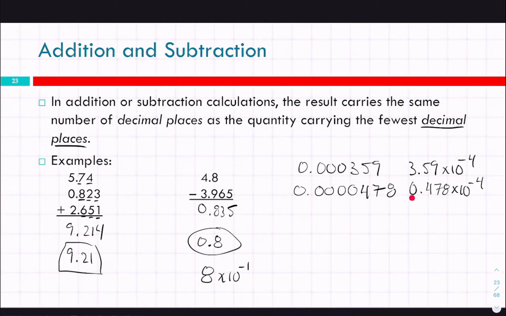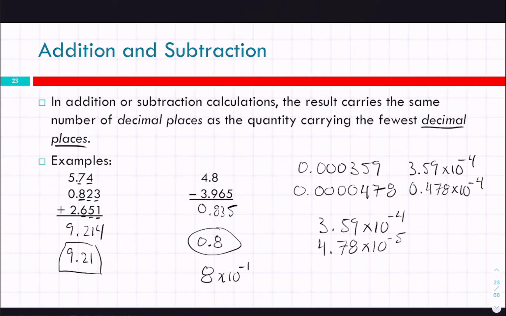So now we can look at a glance and say that this is 0.478 and this is 3.59, and we can just compare the decimal portions because they're both times 10 to the negative 4. So the decimal's been shifted over the same for both of them. If you had shifted the decimal over to after the 4 of 4.78 and changed your negative 4 to negative 5, would the answer still be the same?